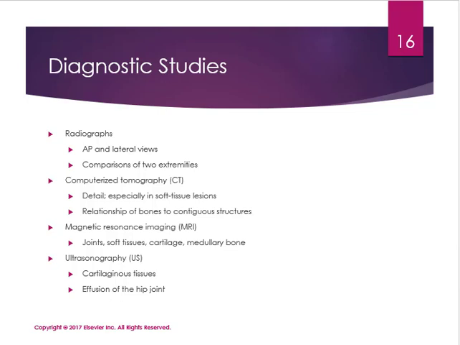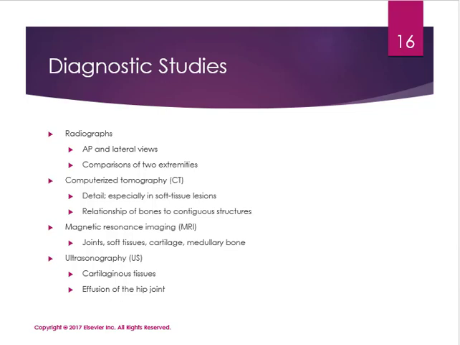Next, let's talk a little bit about diagnostic studies that can be done for the musculoskeletal system. These will include radiographs, an AP and lateral chest view, and a comparison of both extremities. You can also do CTs. They're going to give more detail, especially if you're looking for a concern for a soft tissue lesion.